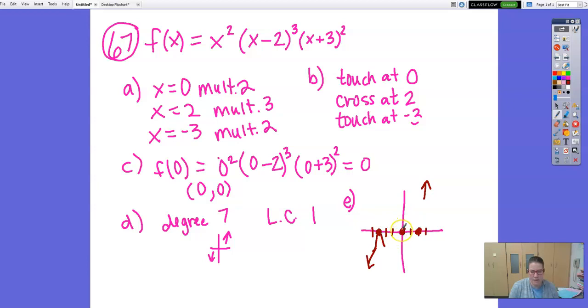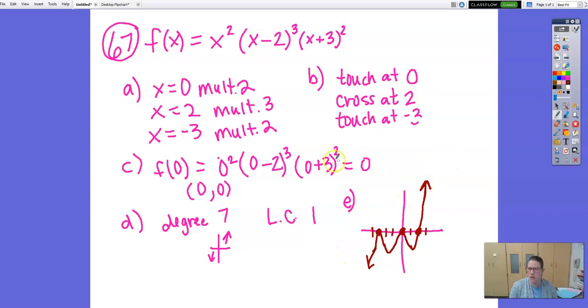The y-intercept is the same as this x-intercept, so it's just going to come back up. It does say it's going to touch again at 0, so I know it's not going to go through the axis. And then it's going to cross at 2. So it's going to cross here and come up and end up right there. So that's how we sketch the graph.